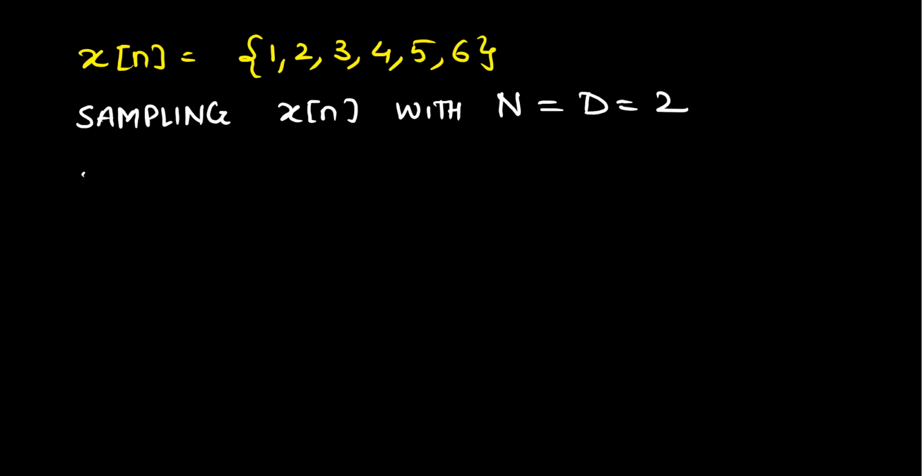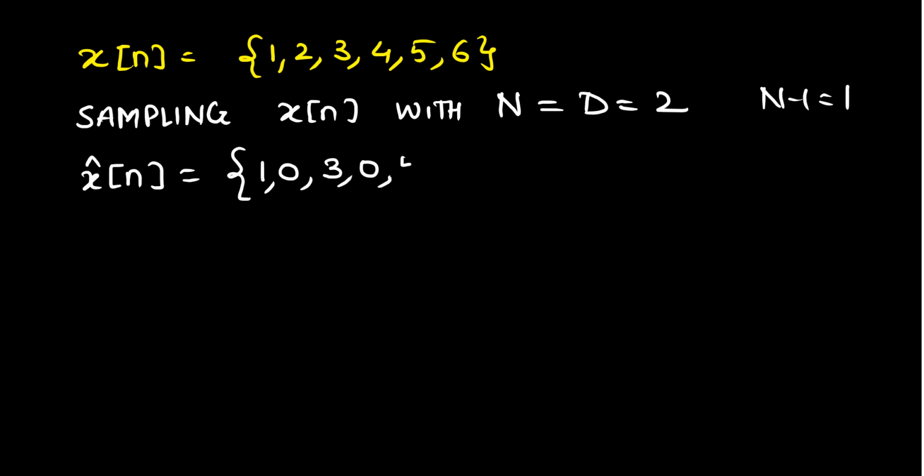So x hat of n is equal to, we are going to retain this 1, then the n minus 1, which is equal to 1, samples are made 0, so we have this 2 as 0, then we retain this 3, then again 0, we retain this 5 and then again 0.